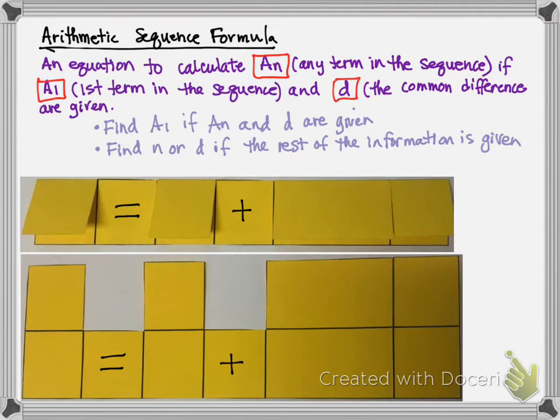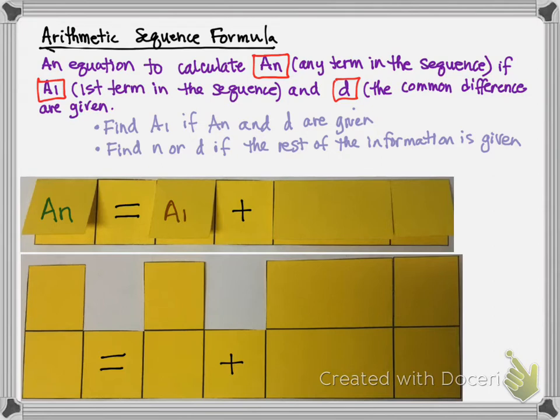So we have some term somewhere in the sequence. Now remember, a sequence continues forever. That's what the dot, dot, dot means. Okay. And then we're going to have the first term. Ooh, that's a terrible color on that yellow. Let me get a darker one. a sub 1.